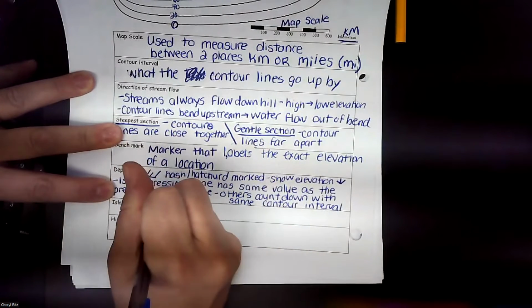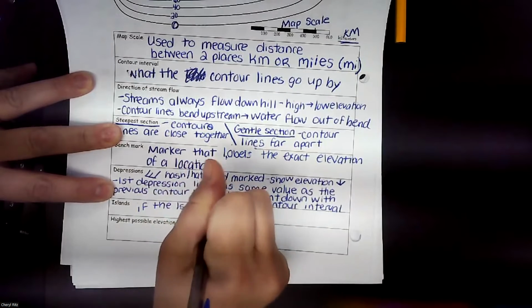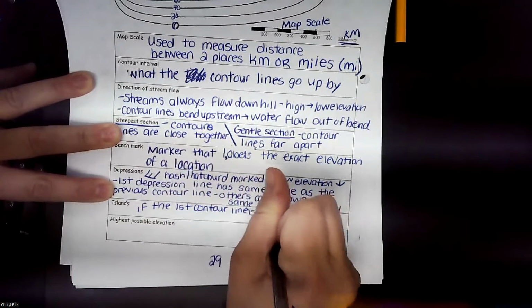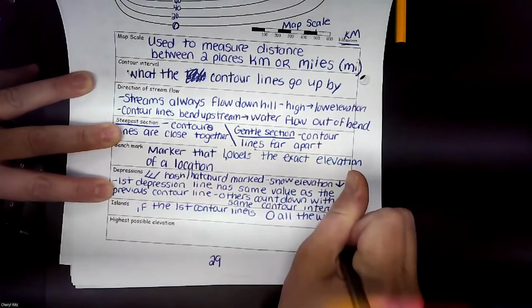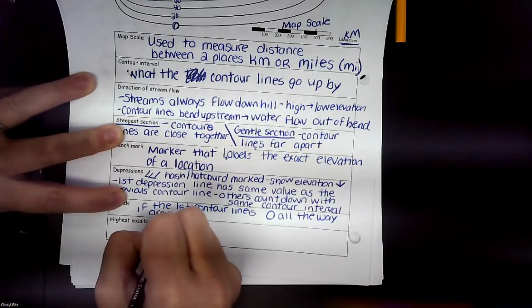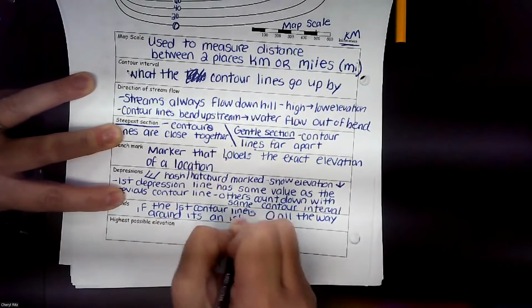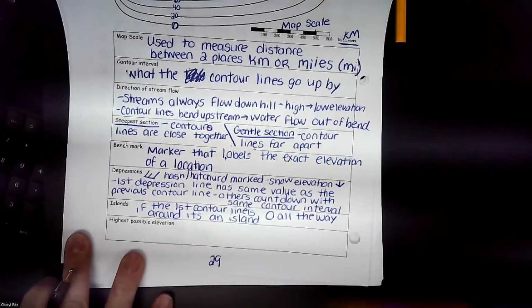If the first contour line is 0 all the way around, it's an island.